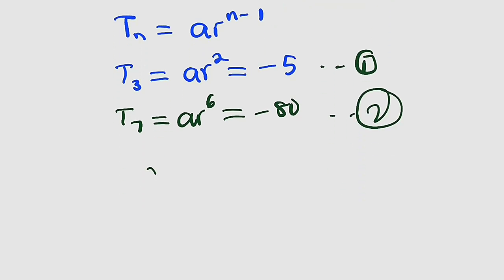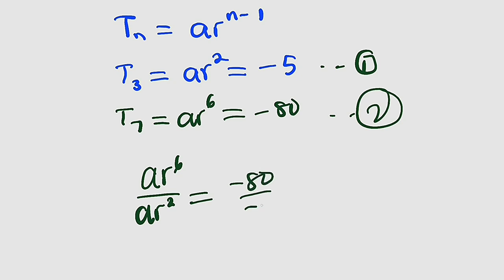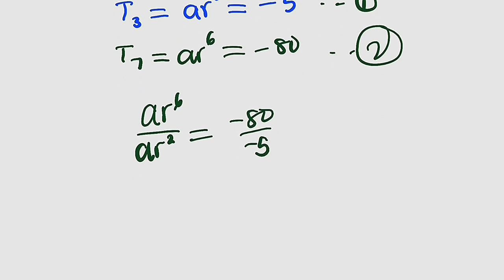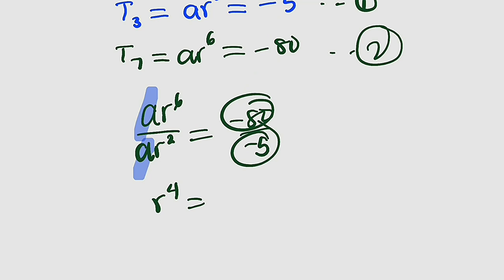Let's divide. We have ar to the 6th divided by ar to the 2nd. This is equal to -80 divided by -5. From the left hand side, a will cancel a. And according to one of the laws of indices, you take one base, which is r. 6 minus 2 is 4, equals -80 divided by -5.